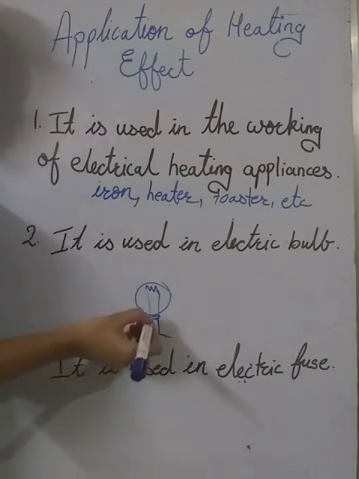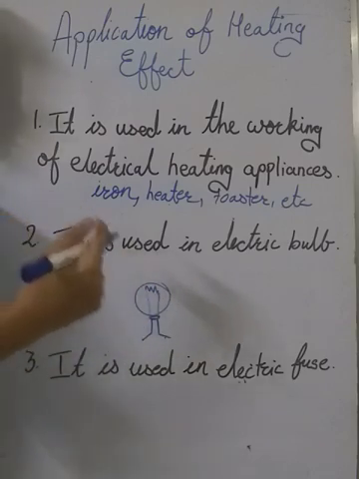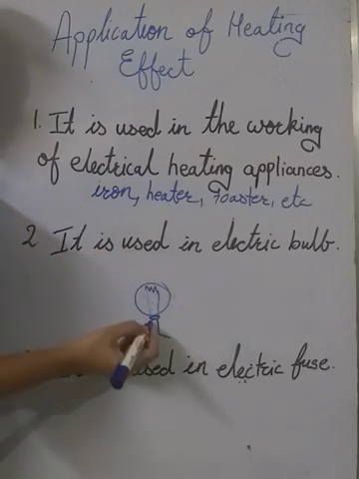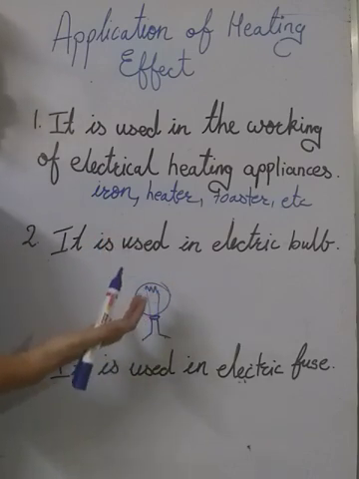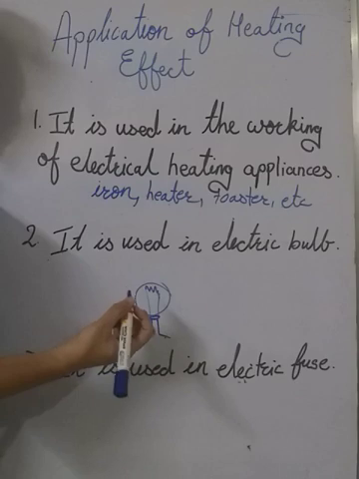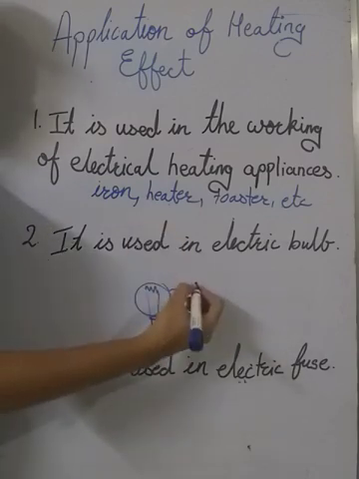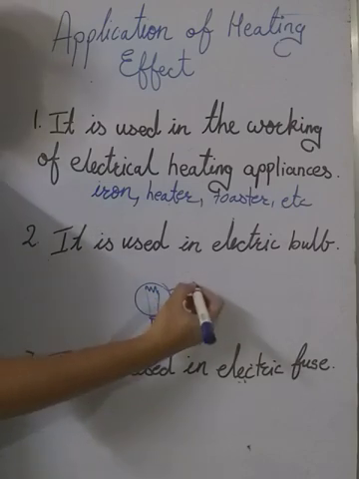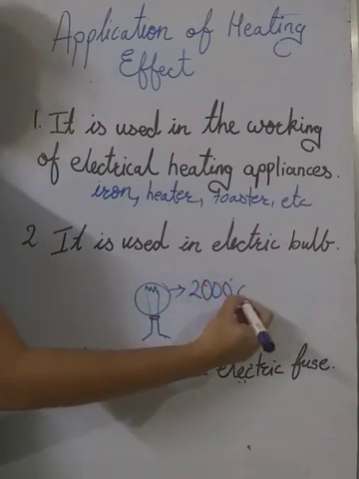So when current flows, this tungsten will start getting heated up, and after reaching a certain point, it will start emitting light. But its temperature goes very high. It approximately goes to 2000 degrees Celsius.